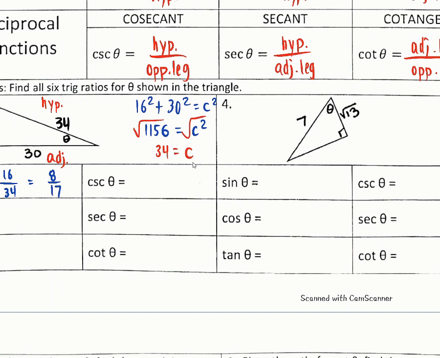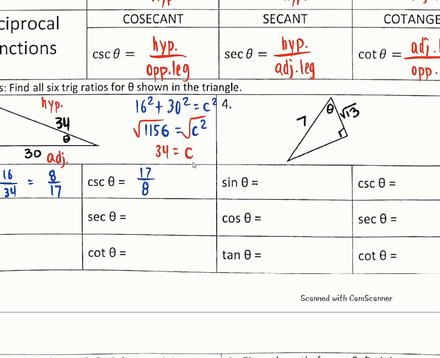So guys, if sine is 8 over 17, what else do we know easily? The cosecant. How do we know it easily? It flips it. So it'll simply be 17 over 8. Okay, that was easy.